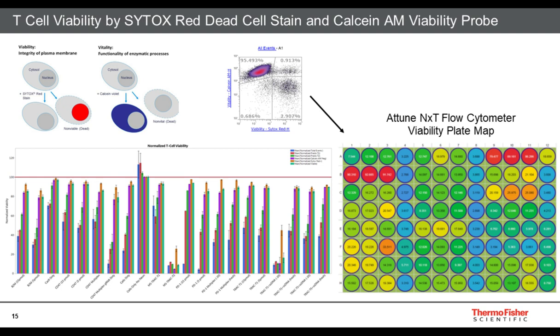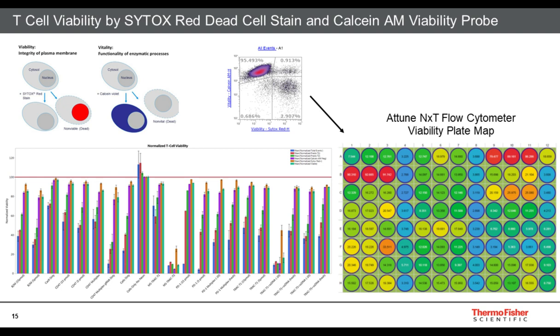And as you can see here, you have a plate map right off the bat that gives you a visual representation of the viability of your cells, and then all the necessary statistics as well to look at your cell viability based on different conditions. So it's a really nice way to optimize your dosage for your gene editing experiments, as well as your transfection conditions, your payload, and your electroporation protocol if applicable.